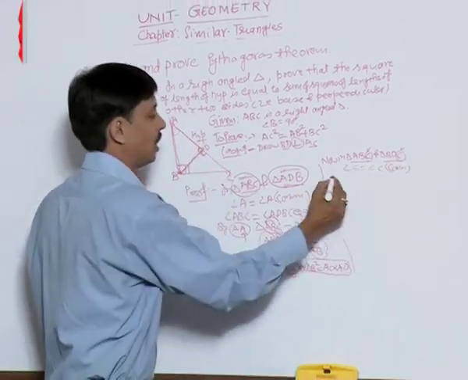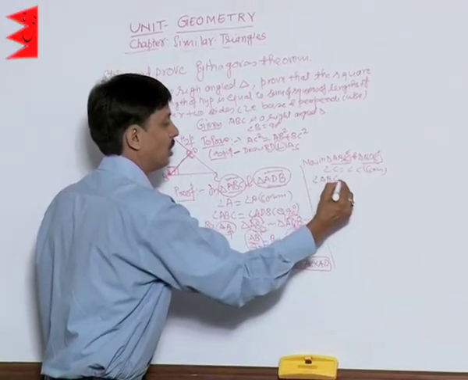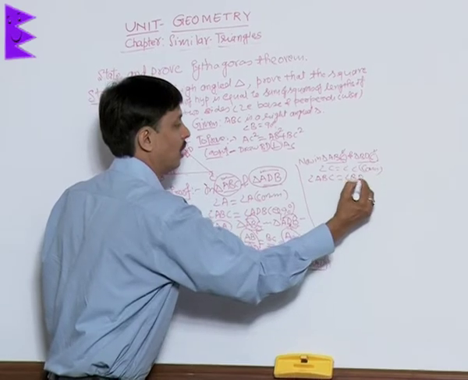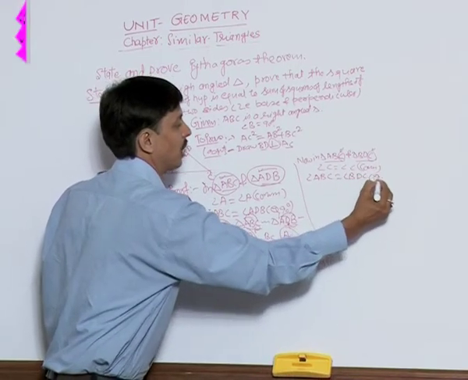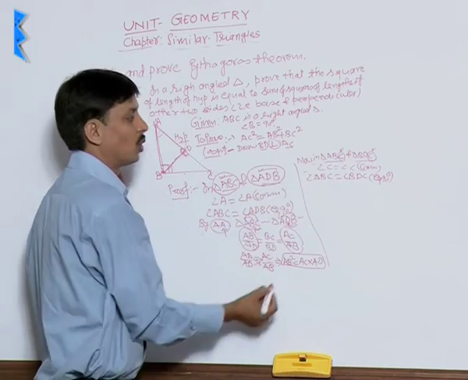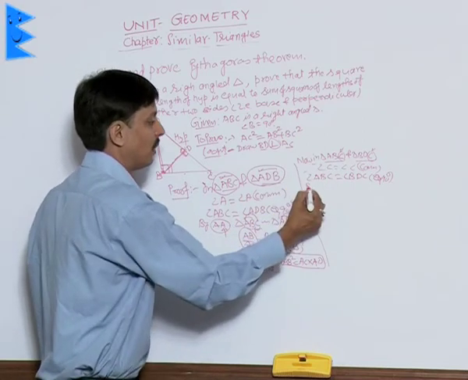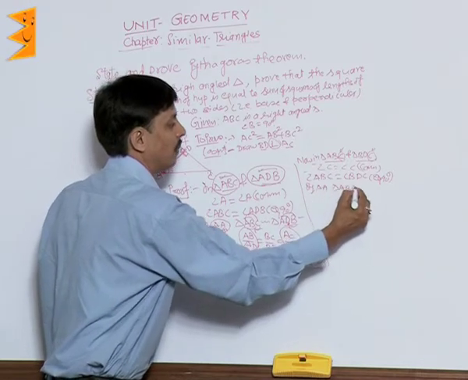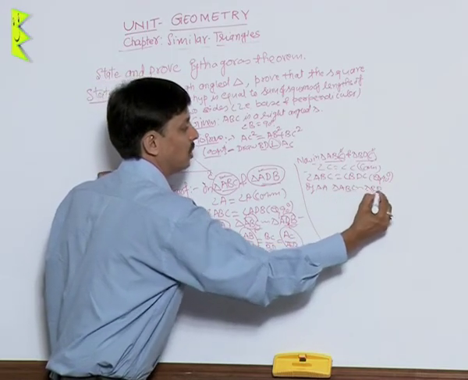Angle ABC of triangle ABC is 90 and angle BDC of triangle BDC is 90. So we will write the reason here, 90 degrees. So two angles of the first triangle are equal to two angles of the second triangle. So we will write by double A criteria triangle ABC becomes similar to triangle BDC.